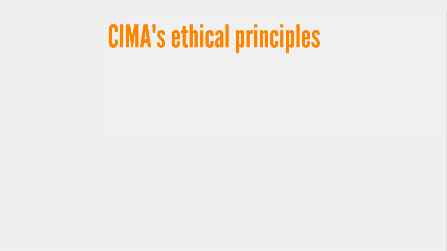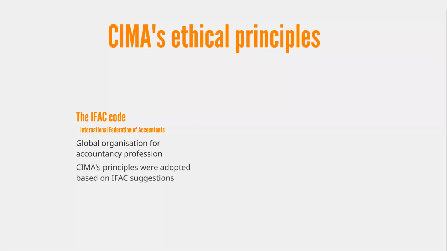And if we're going to talk about CIMA's ethical principles, then we also have to talk about the IFAC code. Now, IFAC stands for the International Federation of Accountants, and this is the global organization for the accountancy profession. And basically, CIMA's ethical principles have been adopted from those suggested by IFAC.